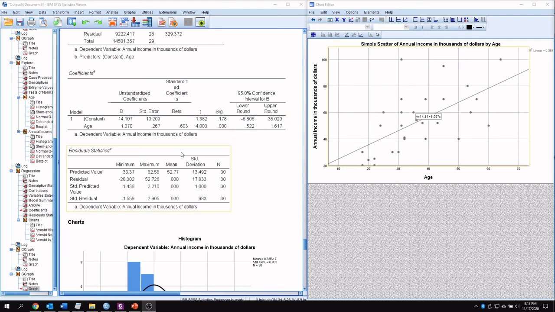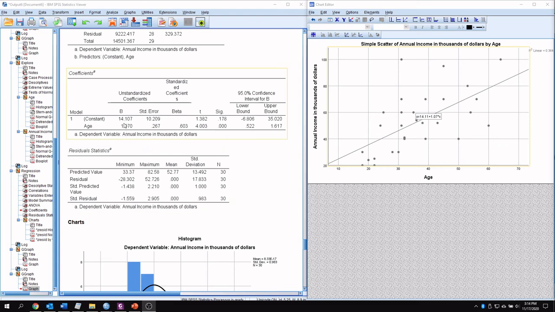The first thing we'll look at is the unstandardized coefficients. We can see that our constant value is represented by 14.1, and this is helpful for our equation. And if we were actually to use this, we want to know what we can expect a 40-year-old to make and what we can expect a 50-year-old to make. That's an important number in that regard because it's our constant for our equation.